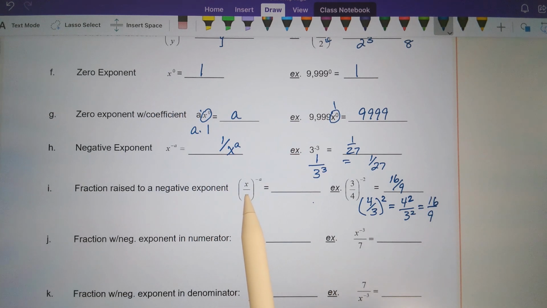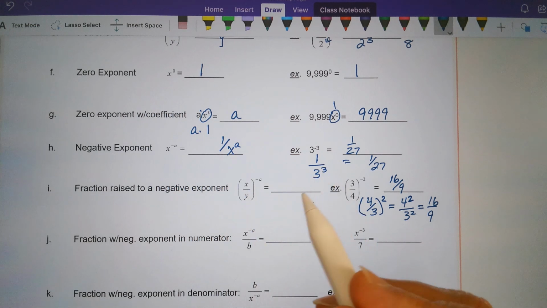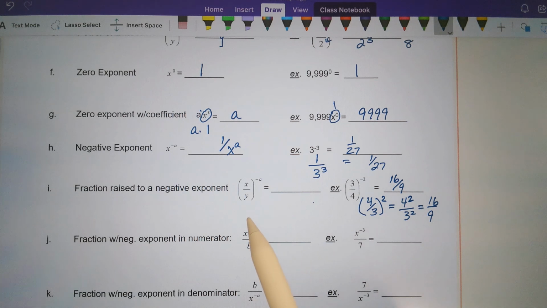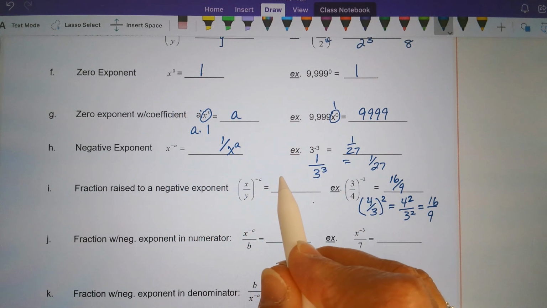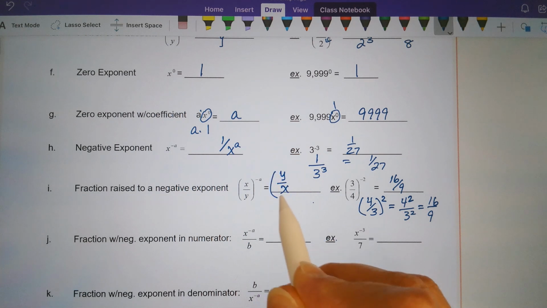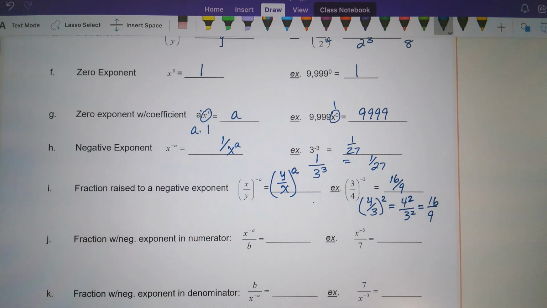So when we have a fraction raised to a negative, in this case x divided by y raised to the negative a, that's going to be equivalent to y over x raised to the positive a.